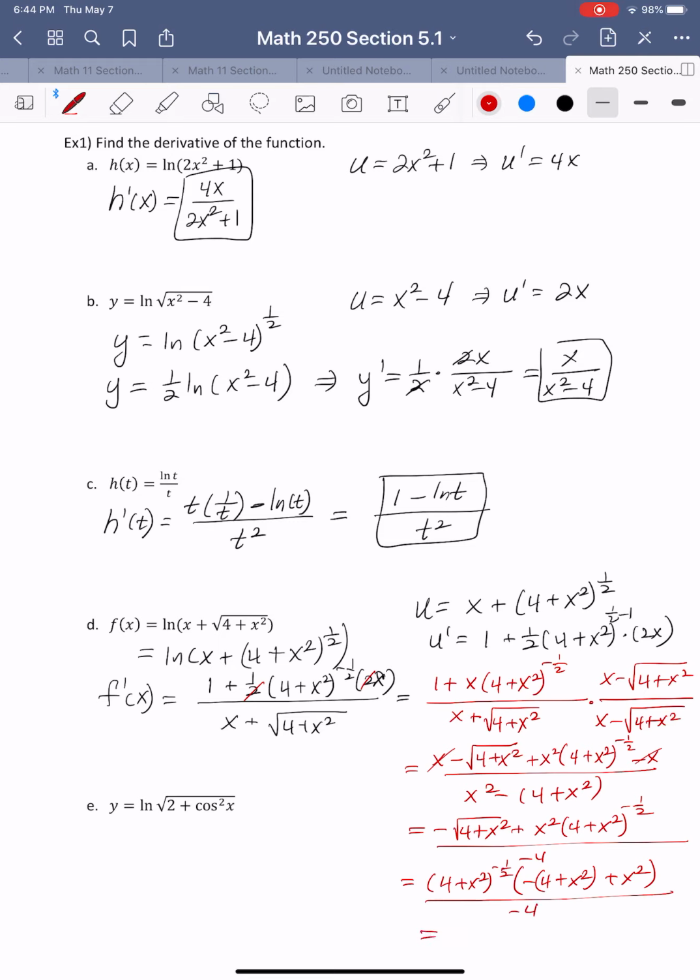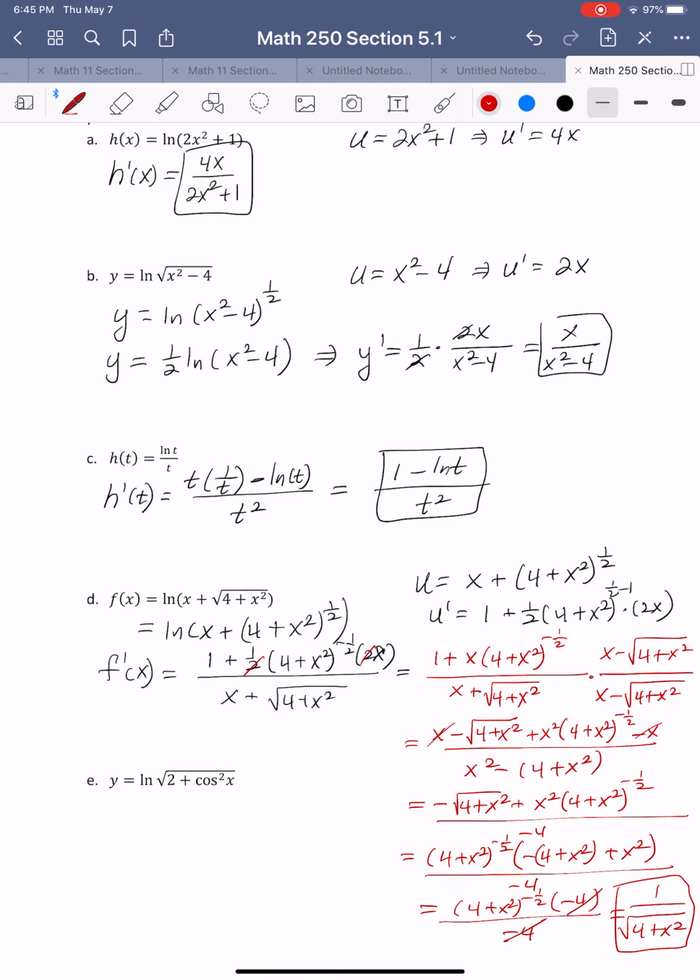And then I simplify as 4 plus x squared to the negative half. And then it becomes negative 4 over negative 4, and the negative 4s cancel. And then I can put that as 1 over the square root of 4 plus x squared. Okay, that's all. Yeah, it takes a while to get the answer for this one.